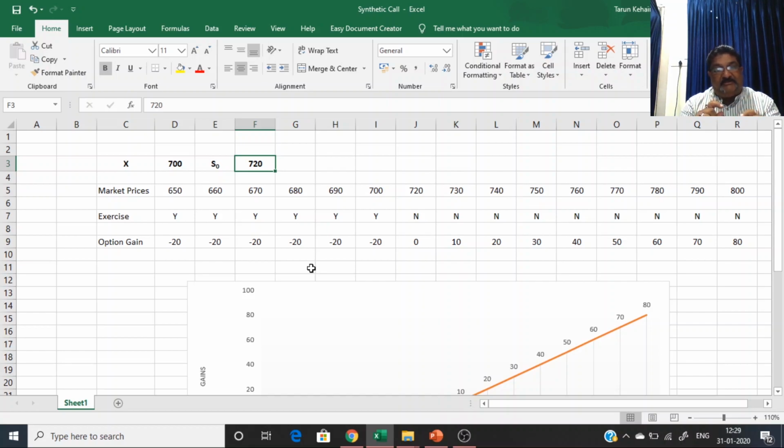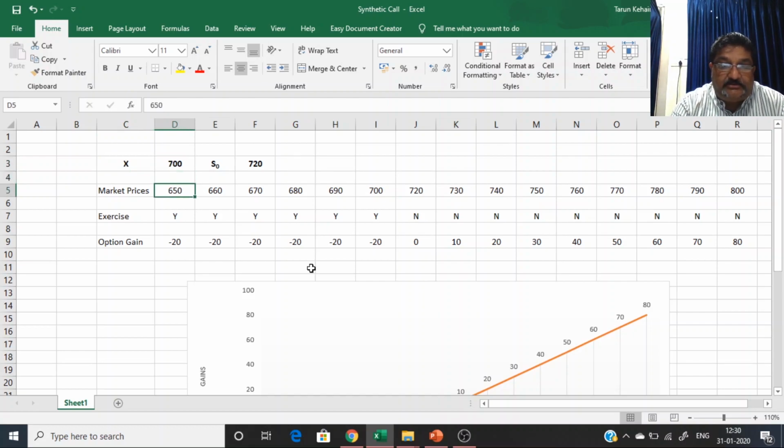So what he will do is, along with the stock that he has purchased, he will also purchase a put option which allows him to sell the stock at a predetermined exercise or strike price of 700 rupees. So remember the definition of a synthetic call. He has gone long on an underlying stock and he has gone long on a put option. These are the two investments he has made.